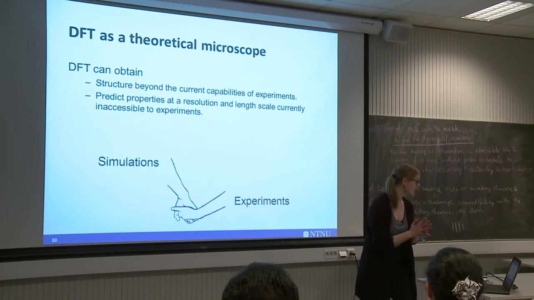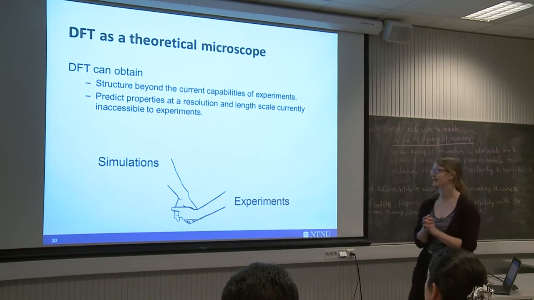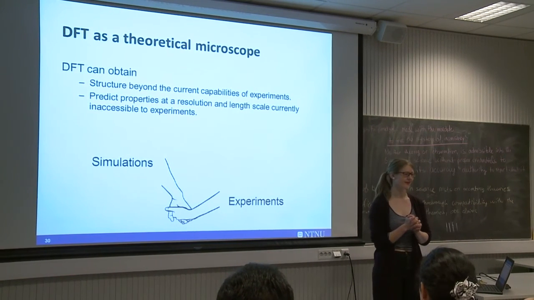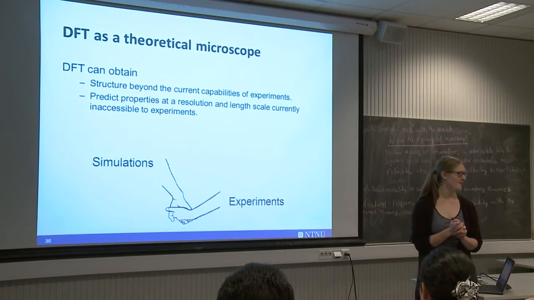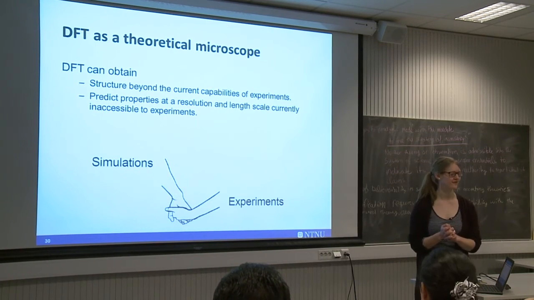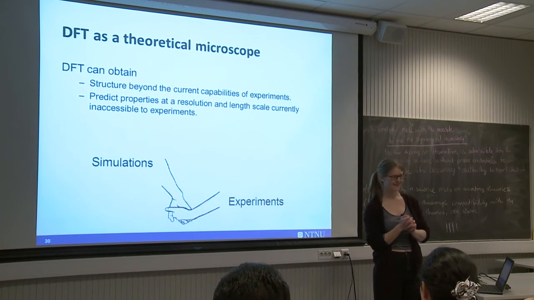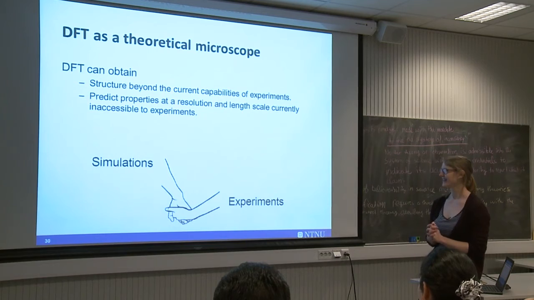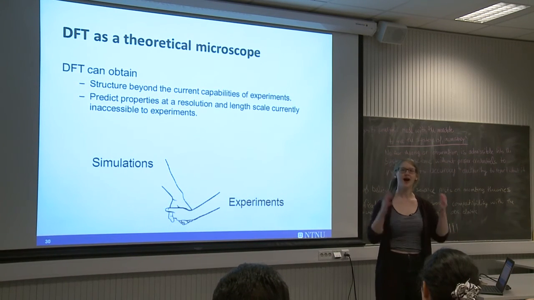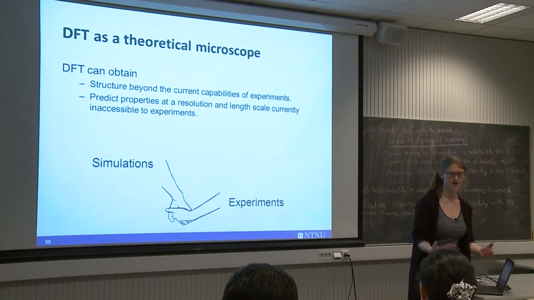Great. So just a few slides about DFT, which you can consider as a theoretical microscope. That's a favorite phrase of my supervisor when he talks about DFT. So for a lab experimentalist, that would be, okay, so you can use it as a microscope.